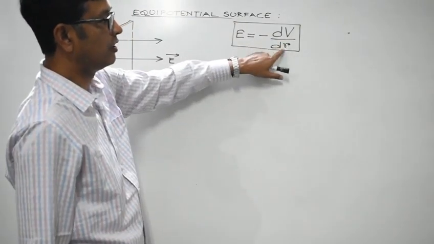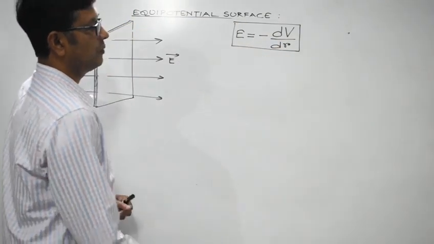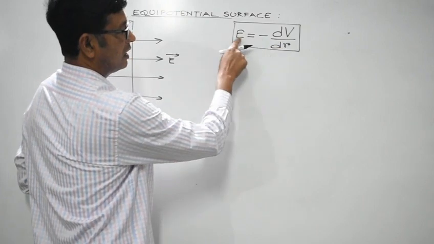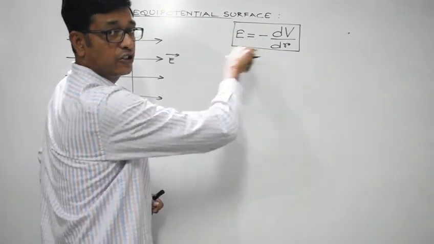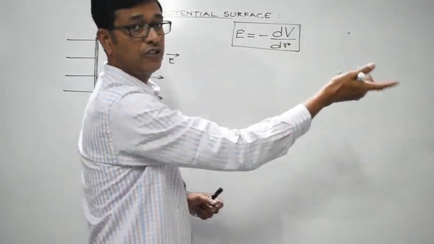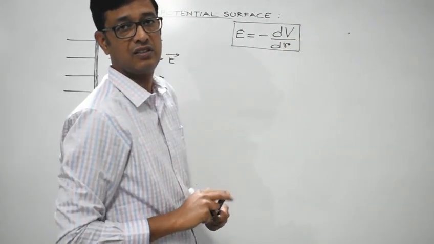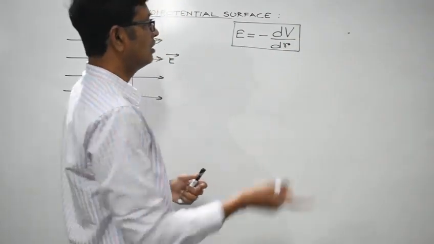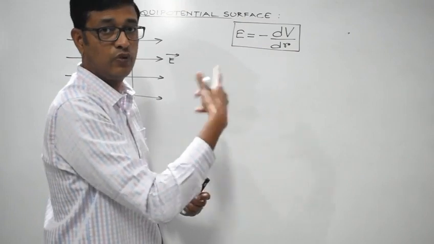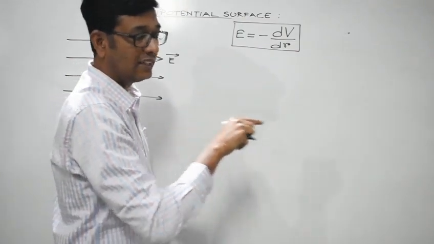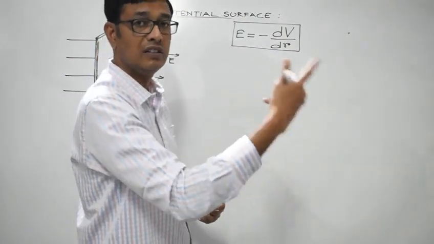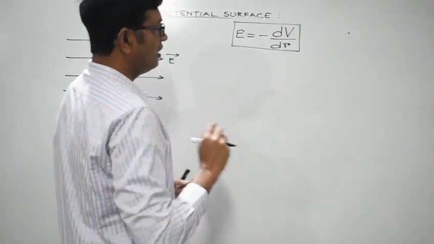This is the potential gradient. So it clearly suggests that the electric field is always in a direction opposite to that in which the value of potential increases. Or in other words, the direction of the electric field is always along the direction in which the value of potential decreases.